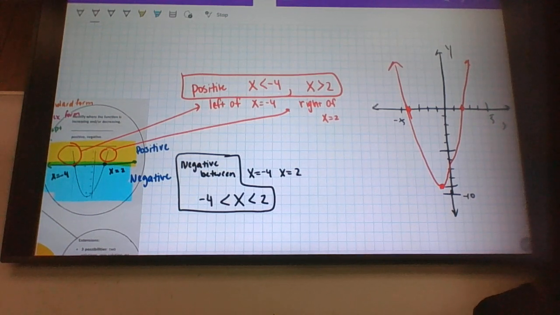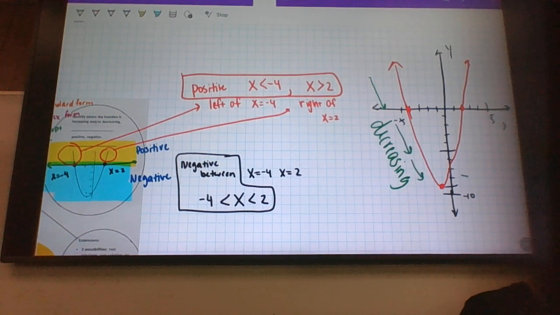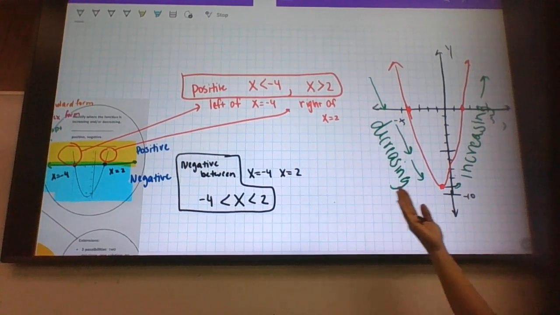All right, so I'm going to say that it's decreasing here. It's flowing down, down, down here. And on this side, it's increasing. It's flowing up, up, up. We always read the graphs from left to right.